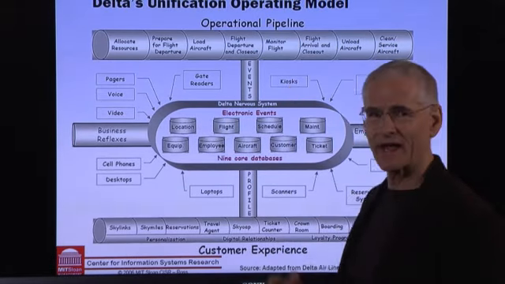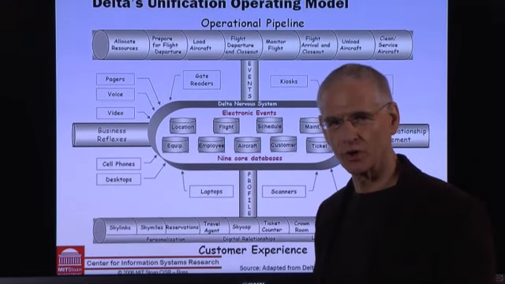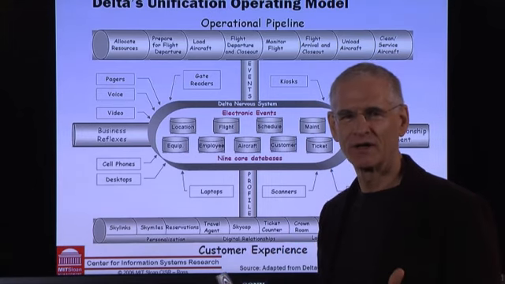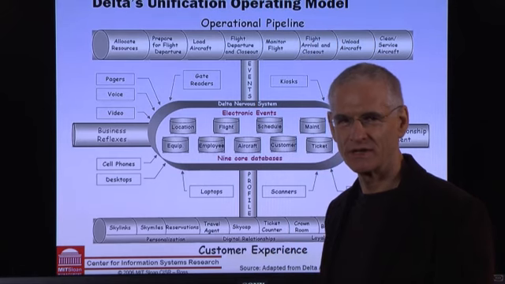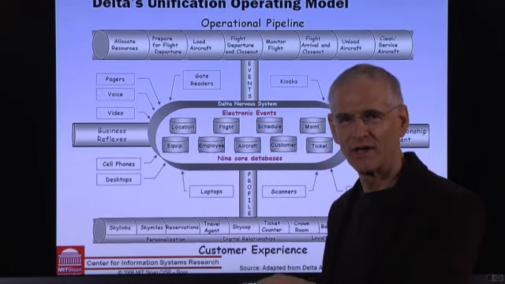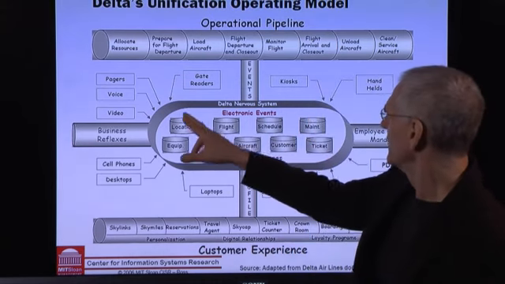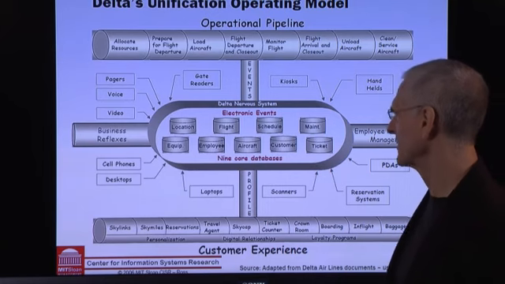They generate events that must be captured in the virtual world to be made available to the various players. The pilot, the airport employee, the gate employee, the customer needs information as well. So Delta's nervous system, as they call it, involves 9 databases.